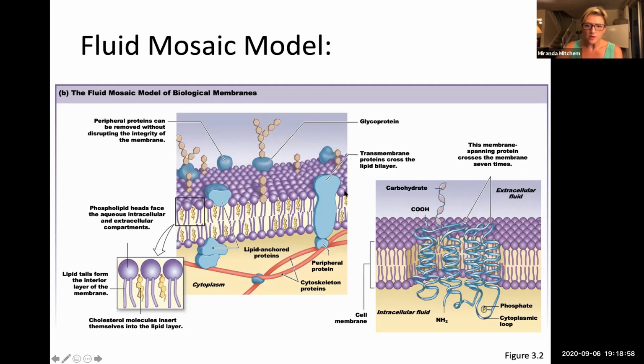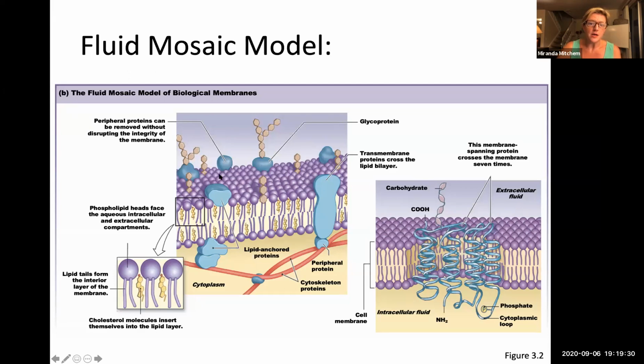So now let's take a little bit more of a look into the other materials that are present in the cell membrane. You can see that there are a number of different proteins. This is a transmembrane protein because it goes across the whole membrane, right? So there's regions in the external environment as well as in the internal environment. In this case, this transmembrane protein is anchored to the cytoskeleton, which means it has a role in providing structural support to the cell.